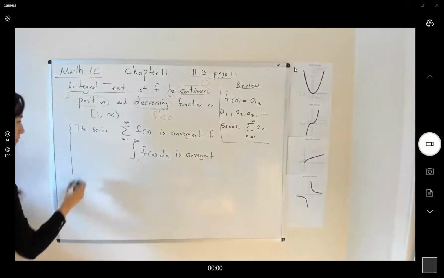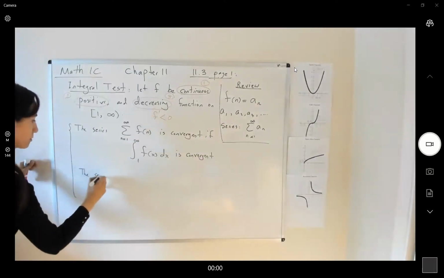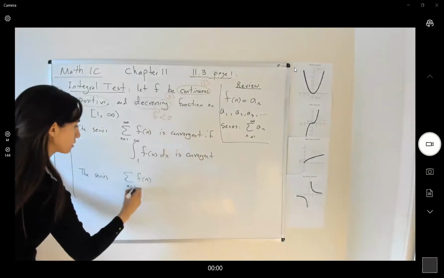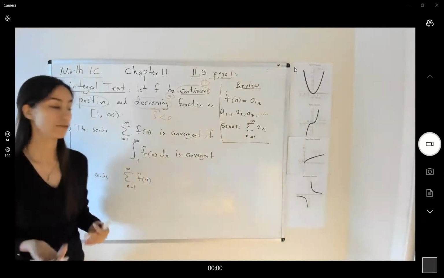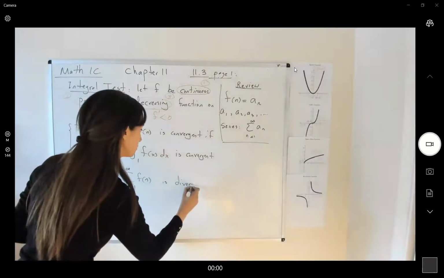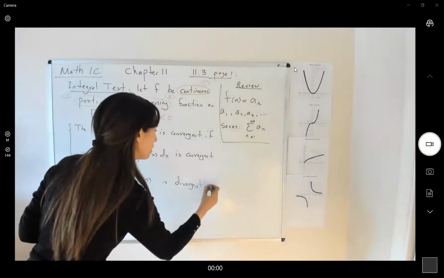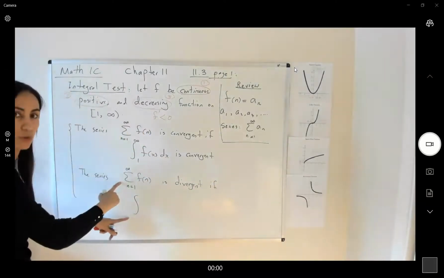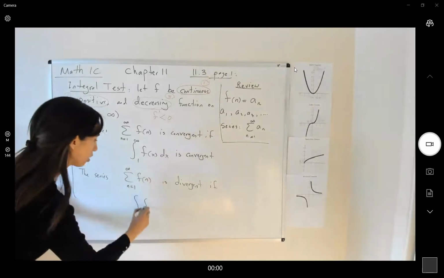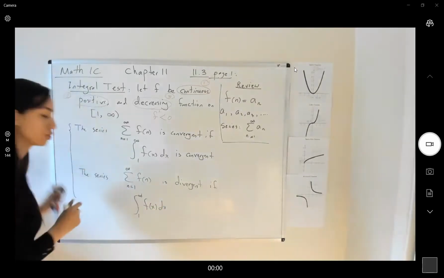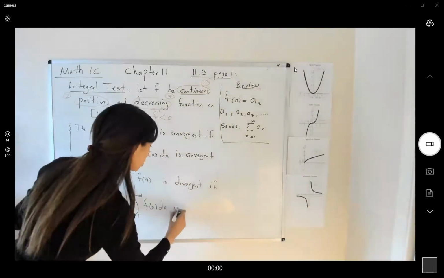And the series sum f of n, n starts from 1, goes to infinity, is divergent if the equivalent integral of f of x dx, x from 1 to infinity, is divergent.